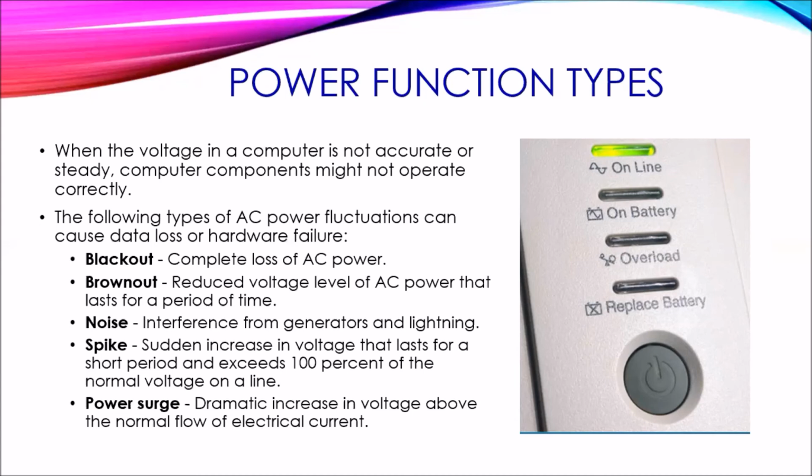Noise, interference from generators and lightning. Spike, a sudden increase in voltage that lasts for a short period and exceeds 100% of the normal voltage on a line. Power surge, a dramatic increase in voltage above the normal flow of electric current.